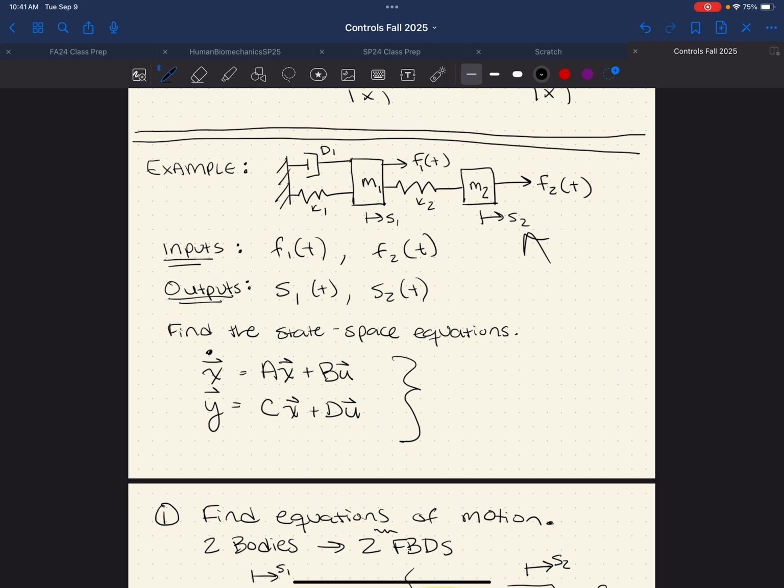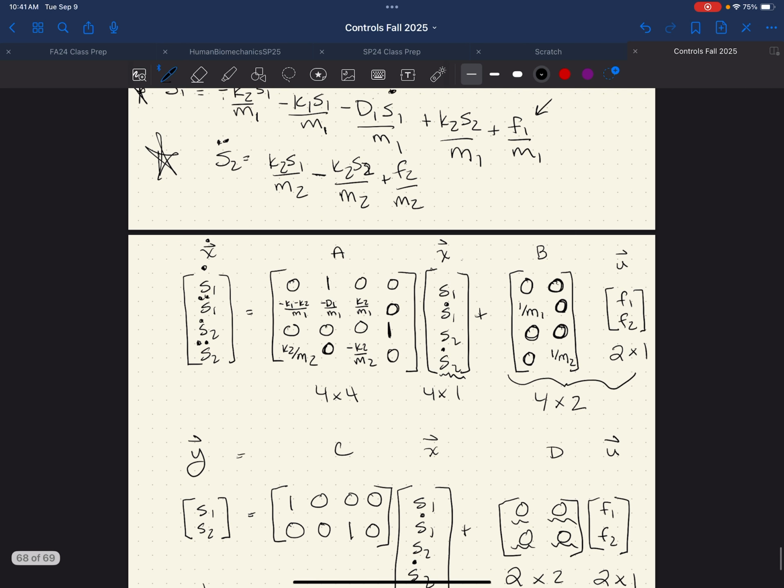So our A matrix: 0, 1, 0, 0, that's my first row. Second row: minus K2, minus K1, all over M1. Second column, minus D1 over M1. Third column, K2 over M1. Fourth column, 0.